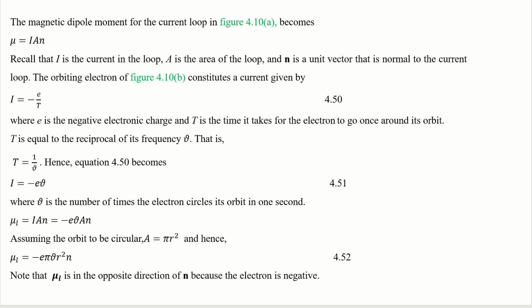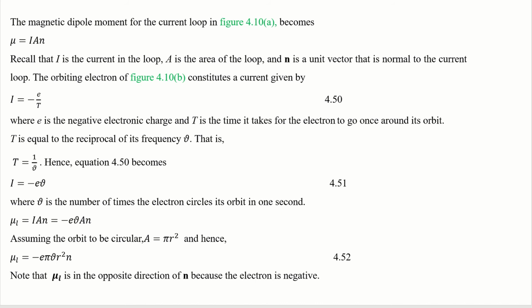Therefore, substituting T equal to 1 over nu, equation 4.50 becomes I equal to minus e nu, where nu is the number of times the electron circles its orbit in 1 second.